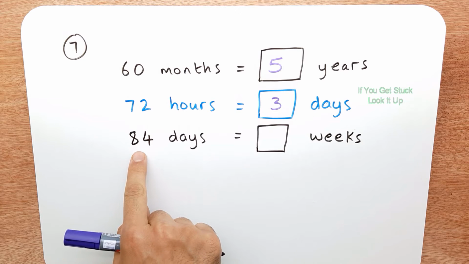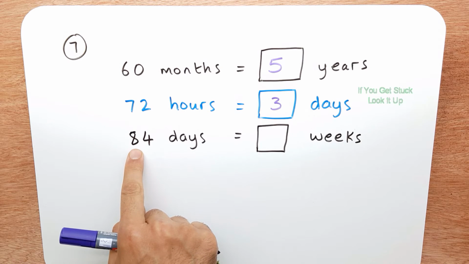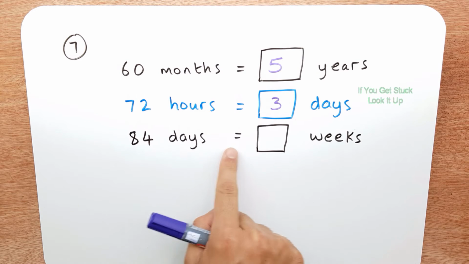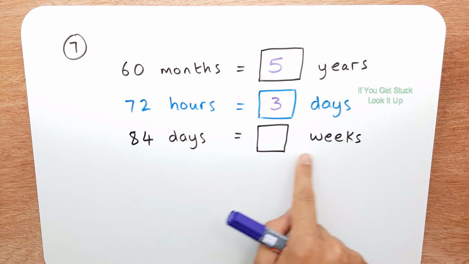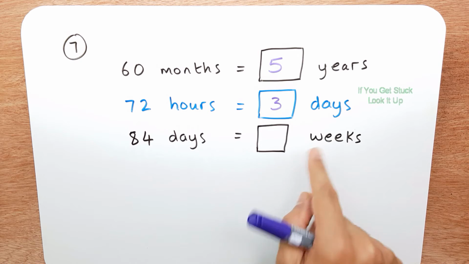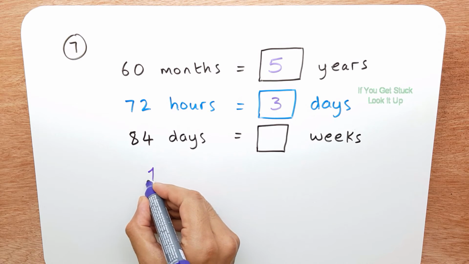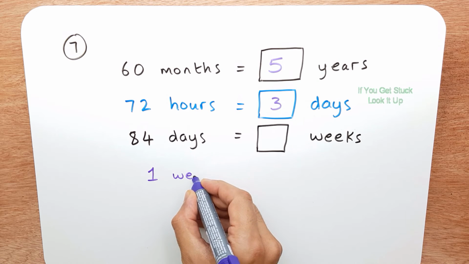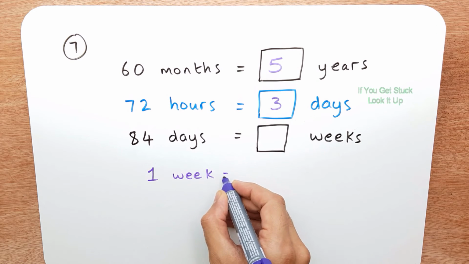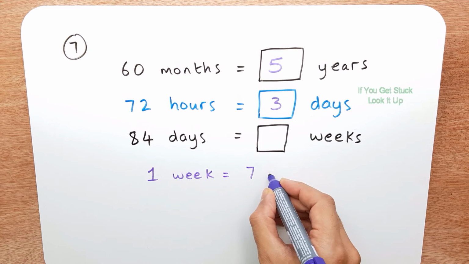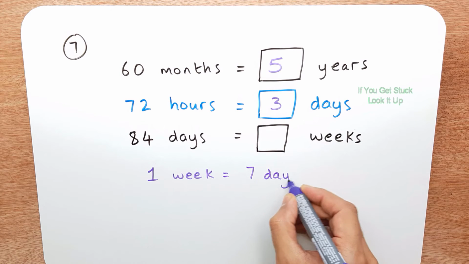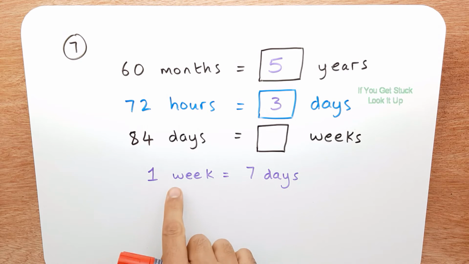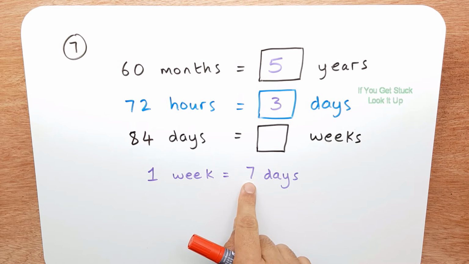The final part of question 7 is 84 days is equal to how many weeks? So I know 1 week equals 7 days.